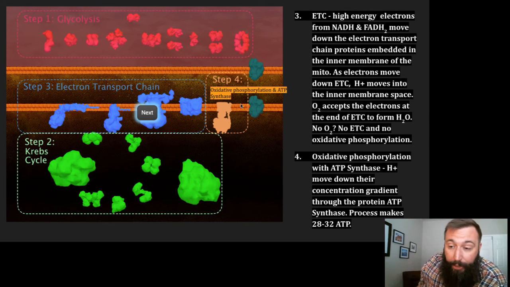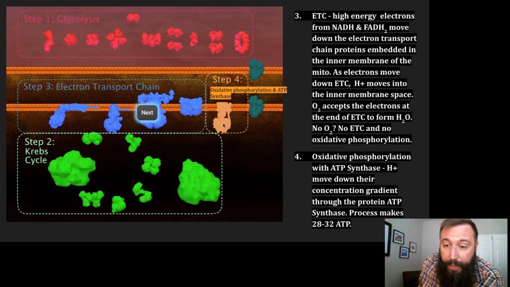But there is one location for that H plus ion to move through, and that's through this protein here embedded in the inner membrane space, ATP synthase. What this ATP synthase is able to do is harness the movement, the kinetic energy of the H plus ions as it moves through, and attach a phosphate to make ATP.